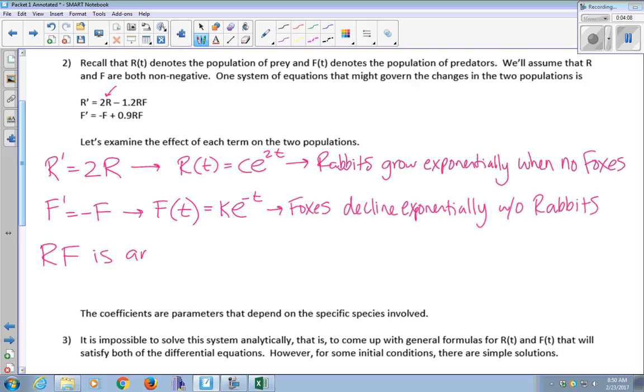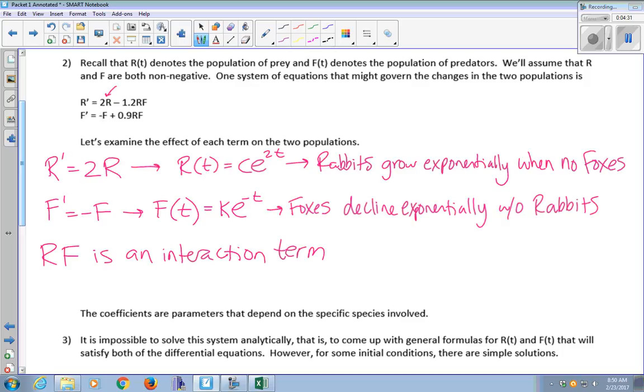is an interaction term, if you remember that. So it's just a way to measure how often they interact. If you multiply the number of rabbits times the number of foxes, as rabbits goes up or as foxes go up, they'll interact more, and the product of RF goes up. Okay. So RF is an interaction term, and it's negative for rabbits.